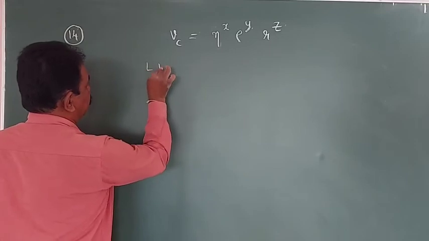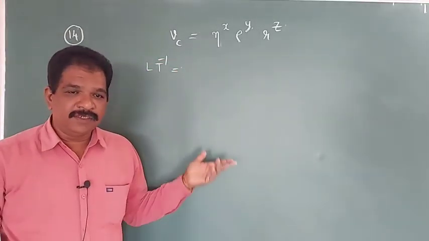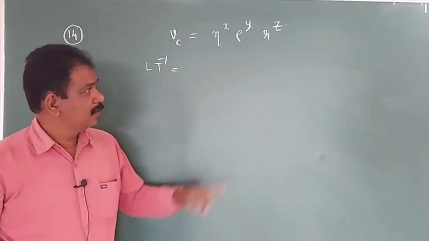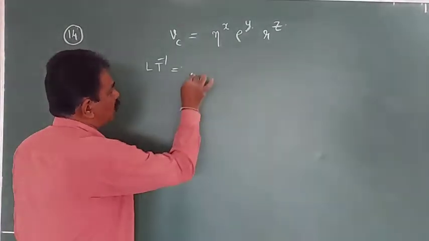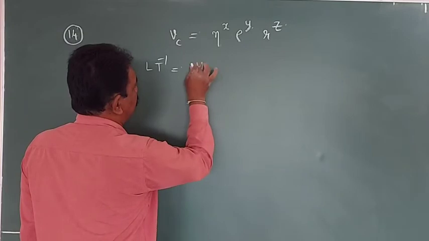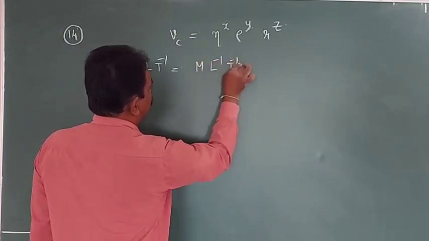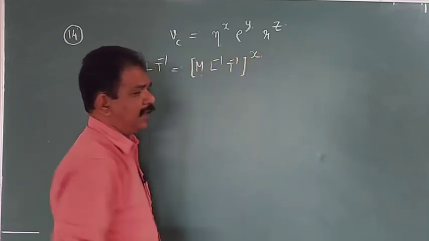critical velocity means velocity only. Velocity dimensions will be L t power minus 1. Coefficient of viscosity, dimensional formula will be m L power minus 1 t power minus 1, whole power x.